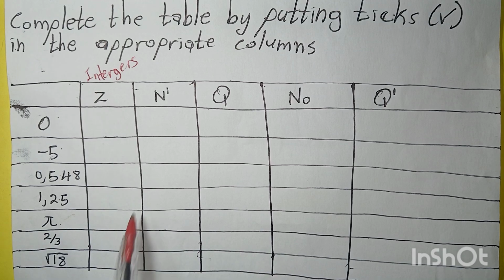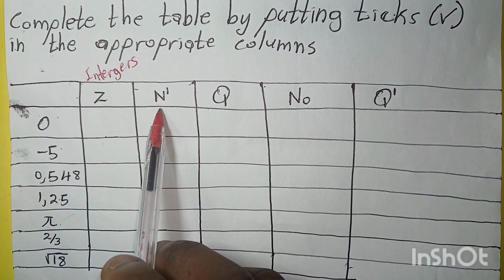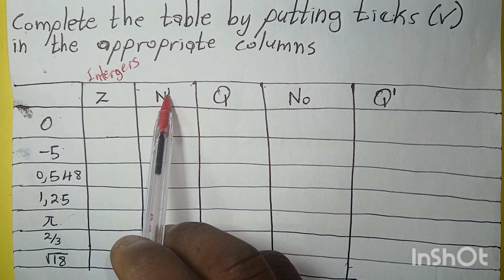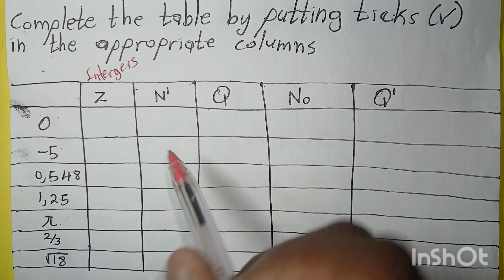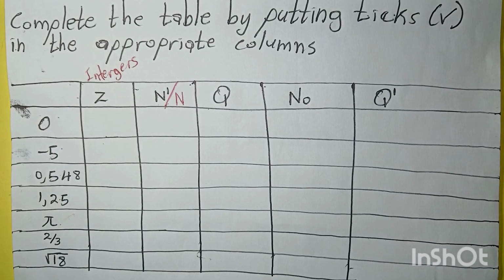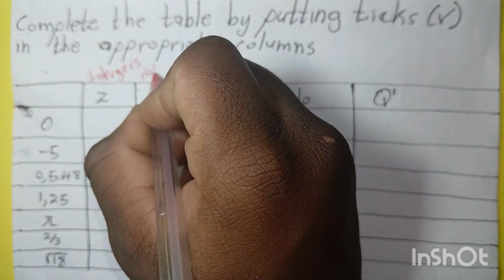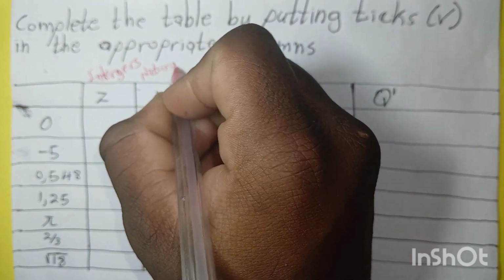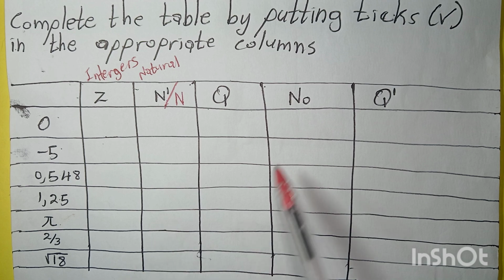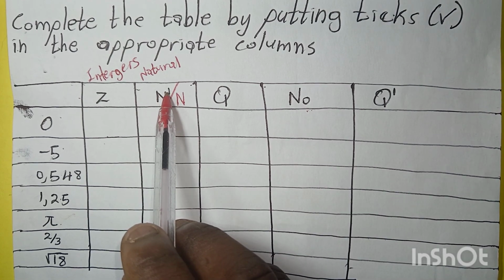These ones are the integers, and that N, oh sorry guys, from that video it was just N. What you should know is that N here stands for natural numbers. These ones are the natural numbers, and these ones are the whole numbers.